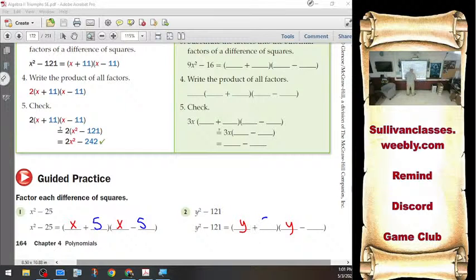I want you to pay attention to the plus minus there. The plus minus is specifically because there's no middle term. Also, you notice that all of these so far have been minus.